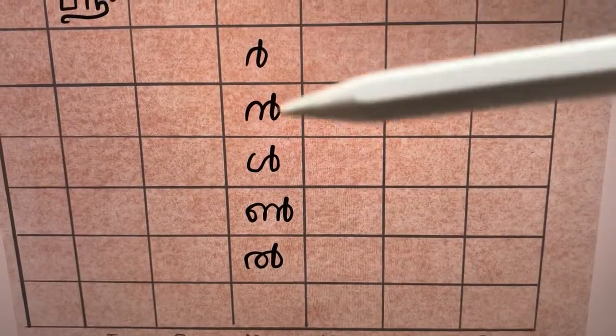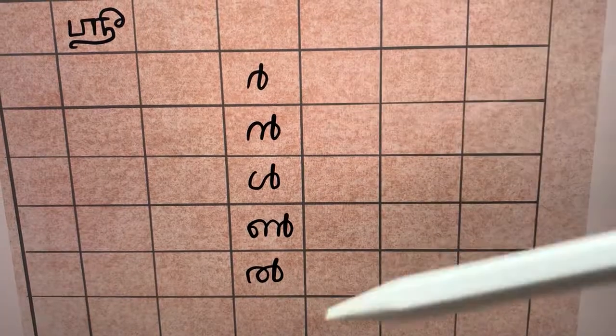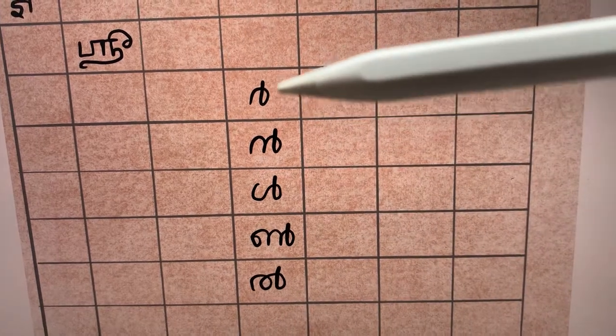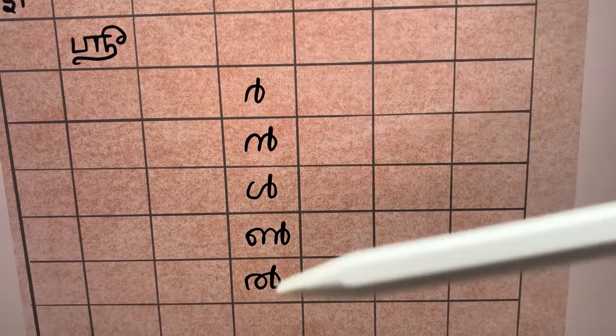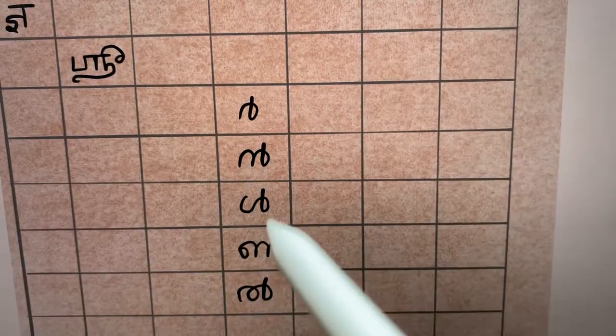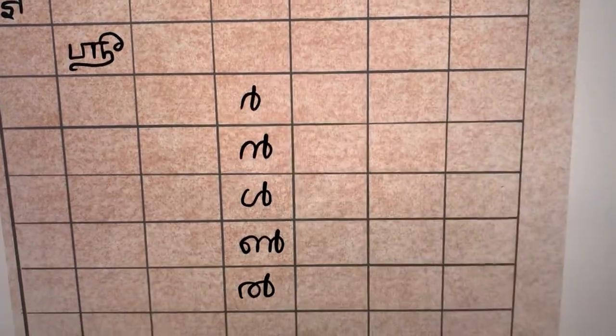And then Malayalam has these extra letters, which is very puzzling to many beginners of other scripts. They don't understand what's the point of writing this. But this is very, very commonly used in Malayalam. They put ir, in, il, and this is used a lot.